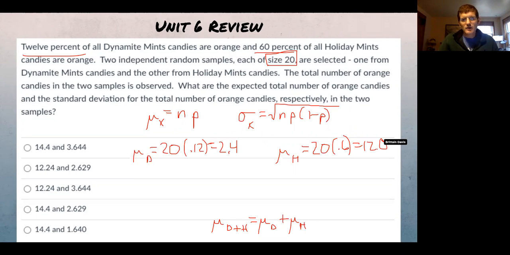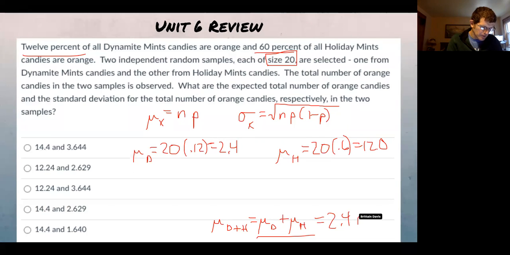All right, so now, because I have these two means, all I have to do is add them together. So 2.4 plus 12 gives me 14.4.